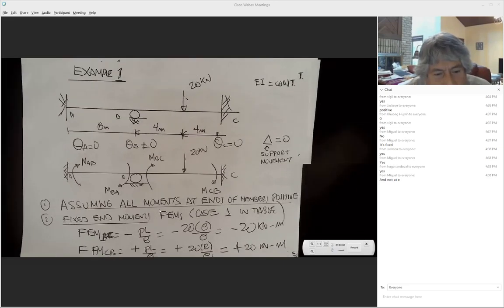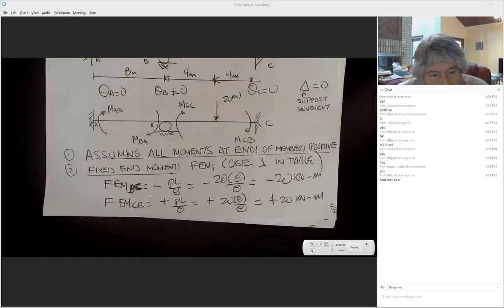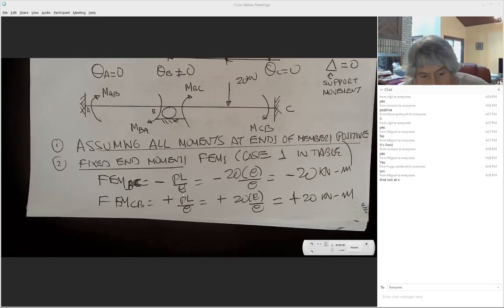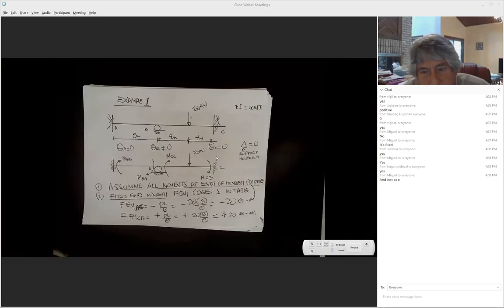And so the moment from BC is minus PL over 8. P is 20, L is 8, so minus 20 kilonewton meter. The moment on the right-hand side is plus PL over 8, plus 20 kilonewton meter. So I'm going to set up the equation.